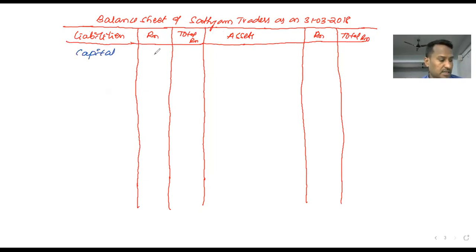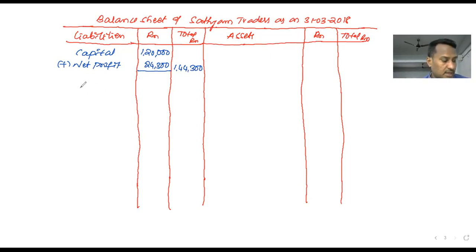The first liability is the capital, 1,20,000. To this capital add net profit 24,300. In case we got a net loss in the profit and loss account, that net loss should be subtracted from this capital. So 1,44,300 is the total amount of capital right now.